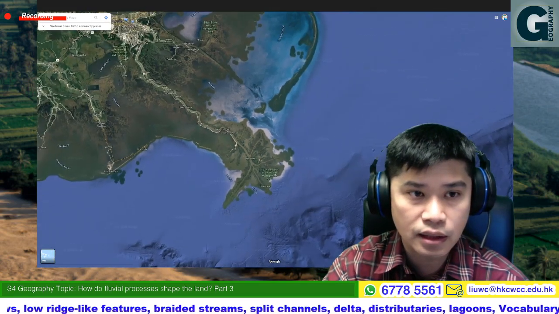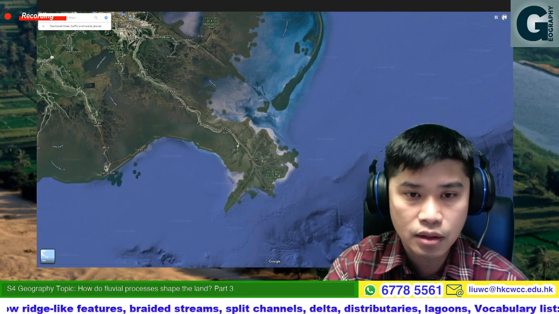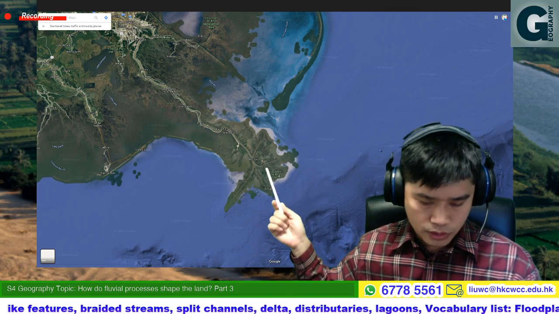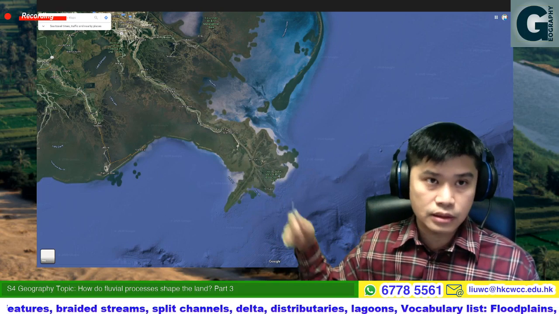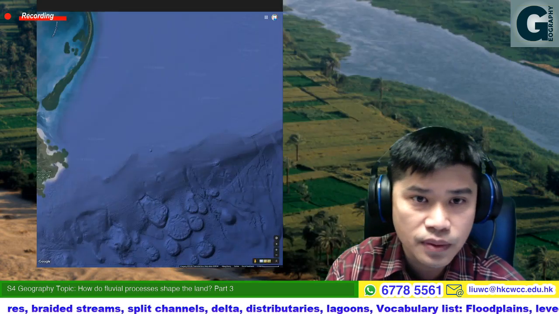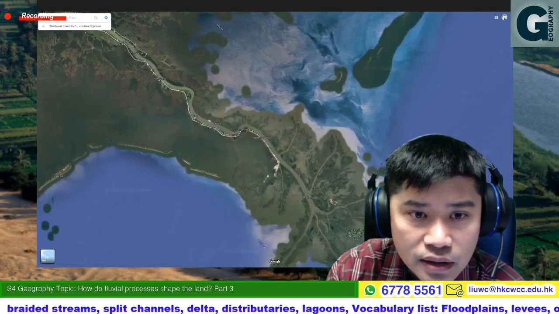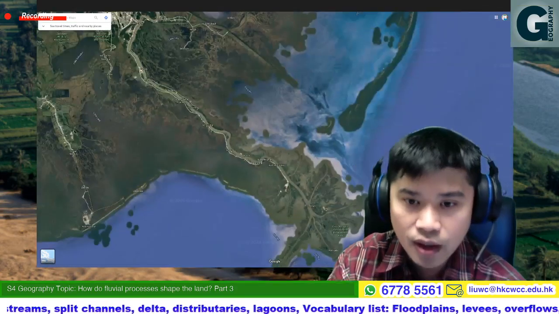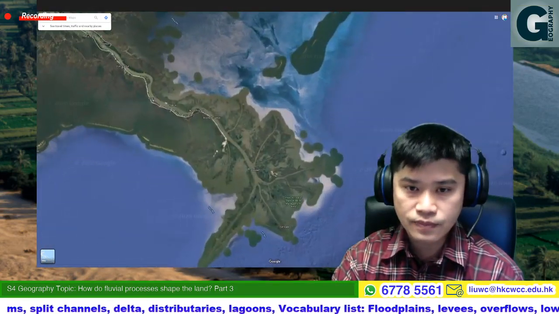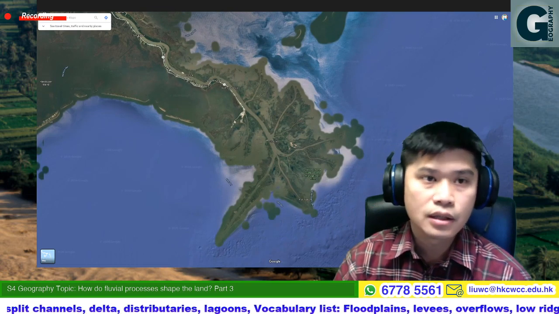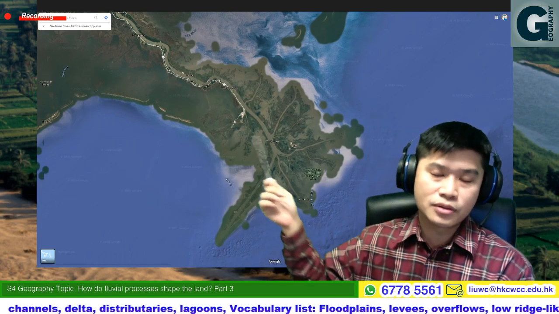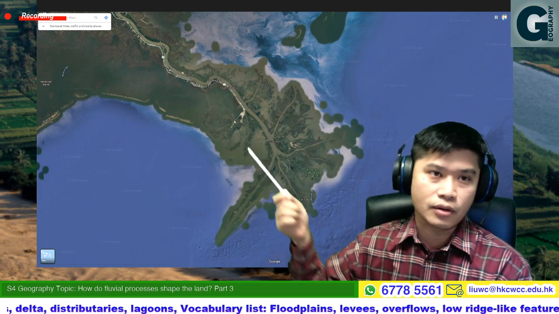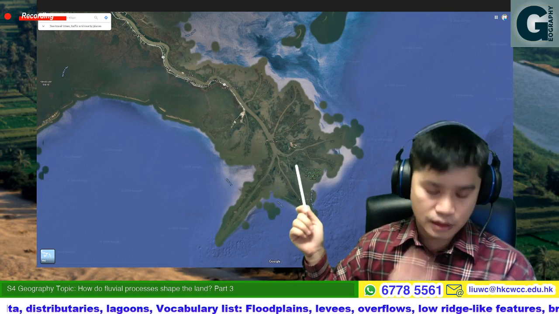That is in the USA, right here. That is the Mississippi River, if I remember correctly. Yes, Mississippi River. Okay, you can see that would be the delta. So that is like a bird foot, like a bird's foot. So this is also a kind of delta.